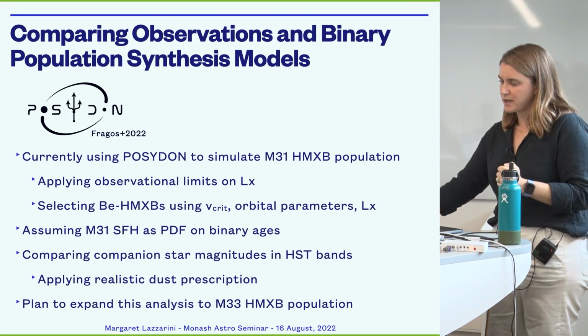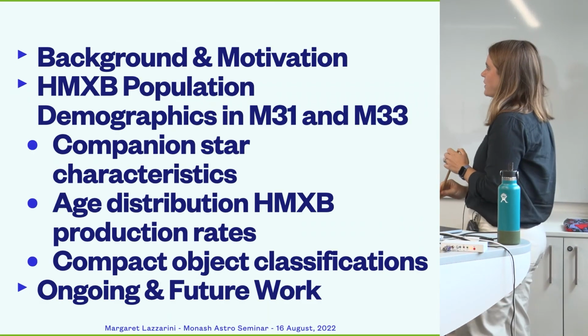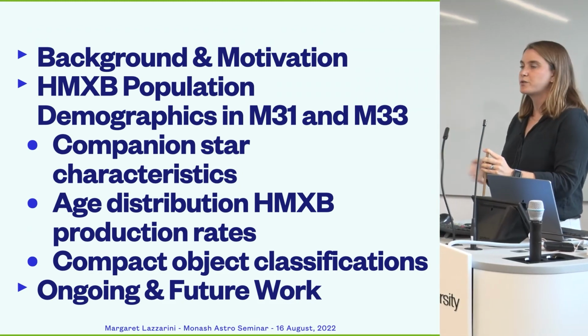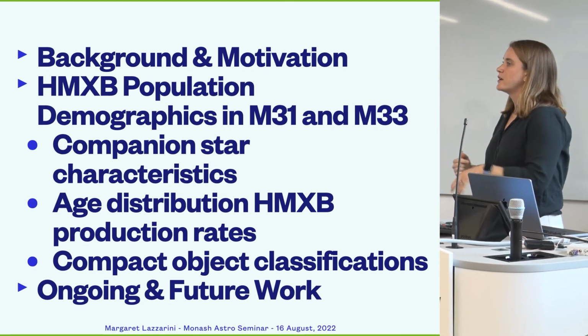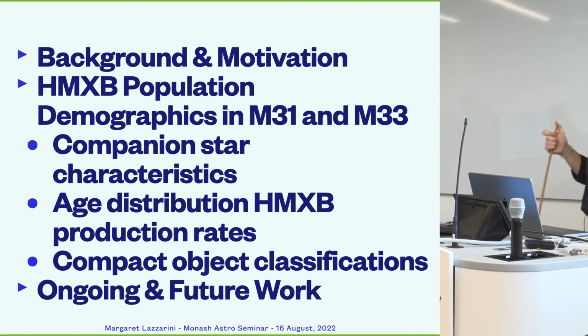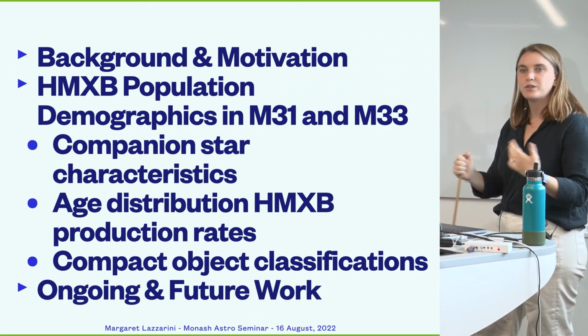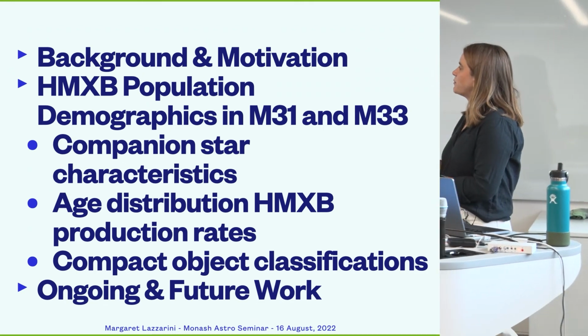All right, just to wrap up, I've talked a bit about the background and motivation for this work. We know that massive binary stars are really important for a lot of reasons: galaxy evolution, gravitational wave sources, or if you just think binary stellar evolution is a really cool and interesting thing to learn more about.